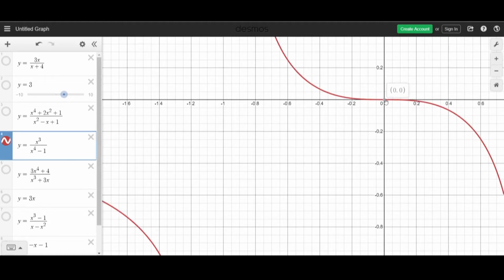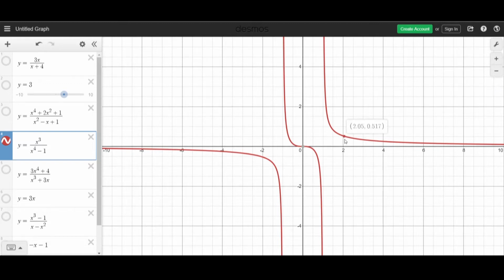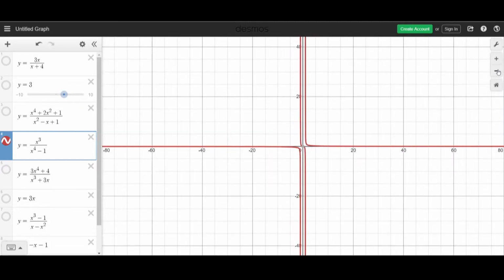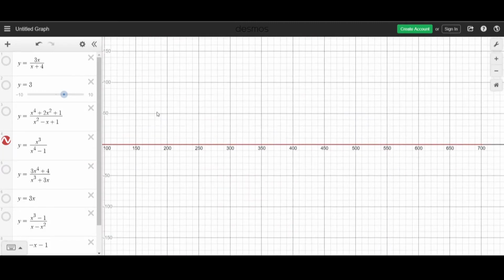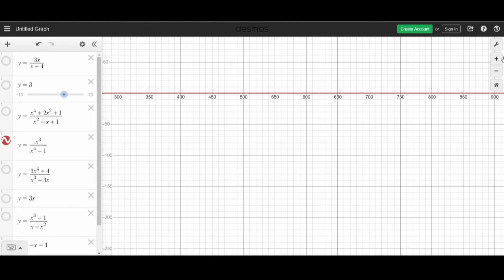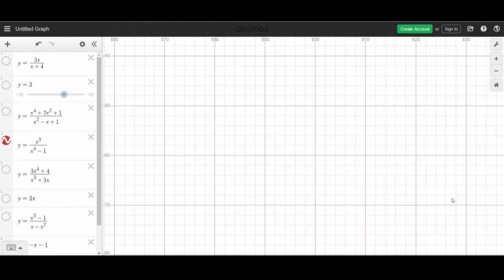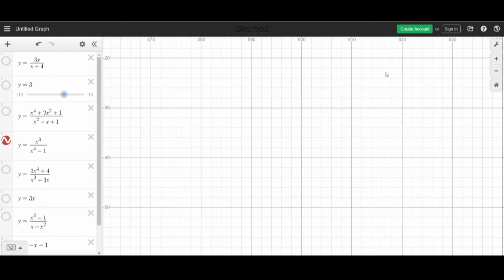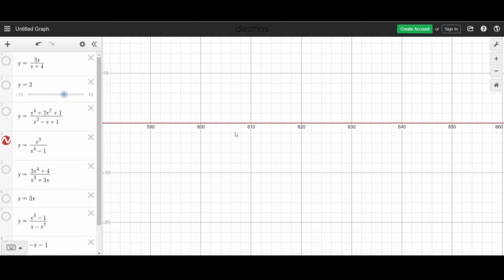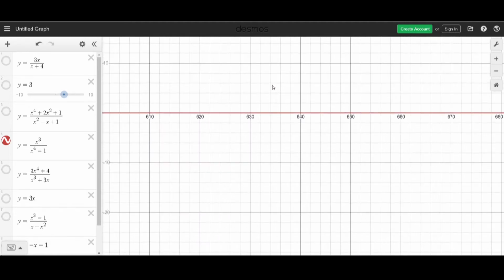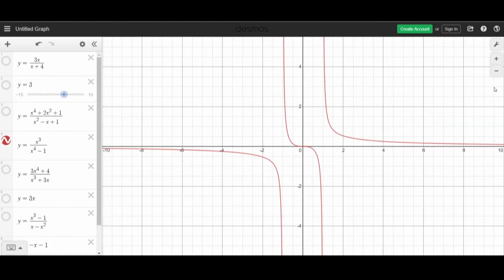Well, remember that for asymptotes, what we care about is what's happening as we approach infinity. So zooming out, we get a better look at what's happening there. So your asymptote might get crossed at some point, but as the numbers get greater, then that's not the case anymore.